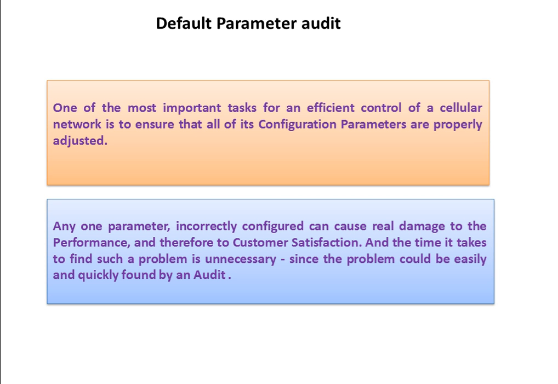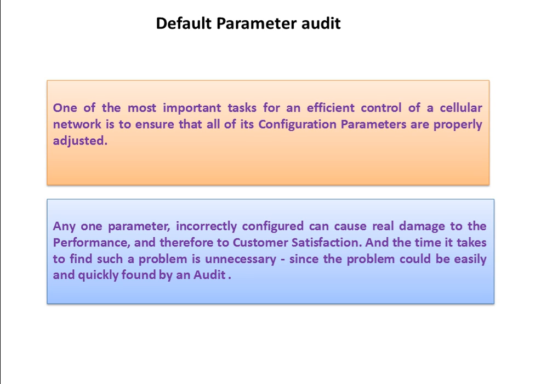Now let's start with the first activity, which can be done sitting in the office without even going into the field, the default parameter audit. So we can do the parameter audit of the networks. What parameters we have decided for the high level configuration of all the sites. Since each of the parameters has a very important role in the behavior of a site or cell, efficient control of the overall network quality and issues would be decided by the better configuration and combination of the parameters, and those parameters being properly adjusted.